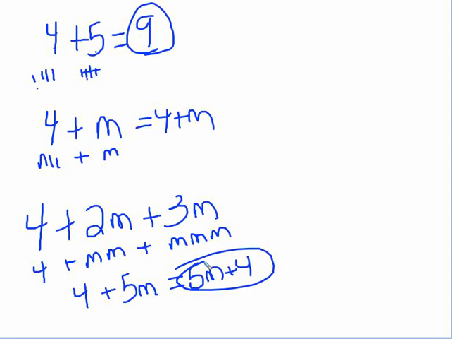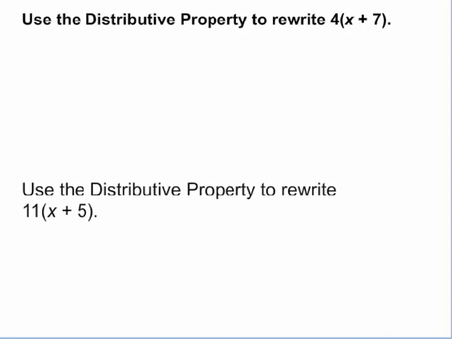All right, so why are we looking at this? Today we're looking at using the distributive property with expressions that contain variables. When we're using the distributive property, it's going to be the same as what we did yesterday. I have 4 multiplied by the quantity x plus 7. They just want you to rewrite this as an equivalent expression.